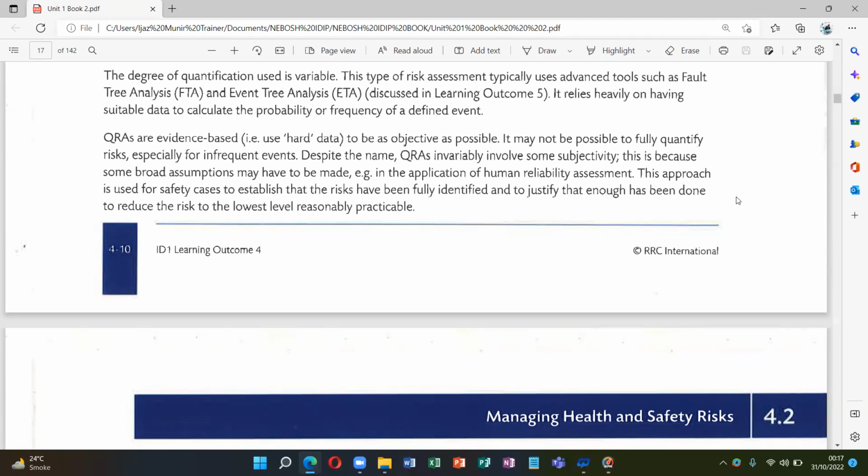Despite the name, QRA invariably involves some subjectivity. This is because some broad assumptions may have to be made. In the application of human reliability assessment, this approach is used for safety cases to establish that the risks have been fully identified and to justify that enough has been done to reduce the risk to the lowest level reasonably practicable.